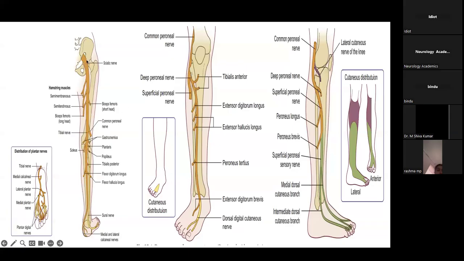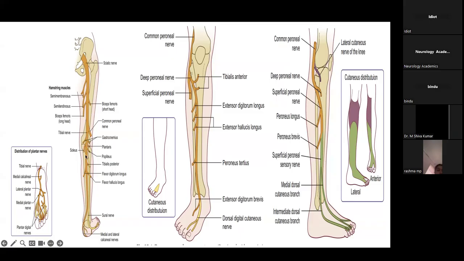Here we can see the sciatic nerve exiting from the foramen and supplying the posterior compartment of the thigh, the hamstring muscles: semimembranosus, semitendinosus, biceps femoris, short head and long head, and later dividing into the tibial nerve and common peroneal nerve.